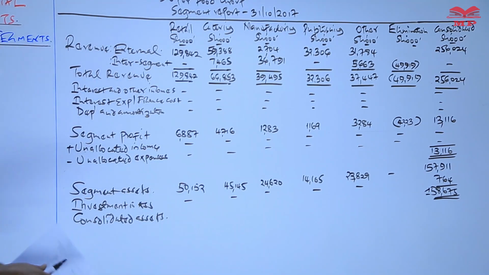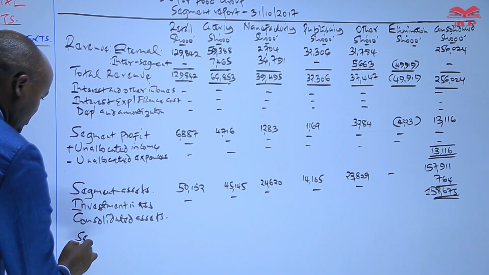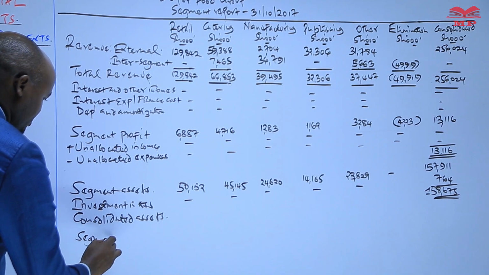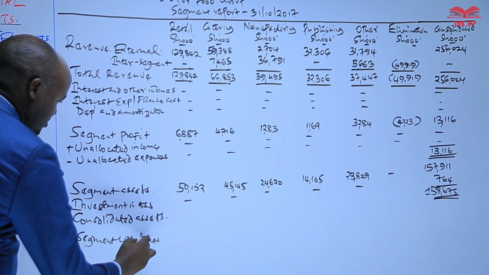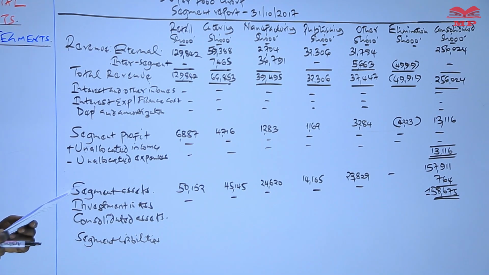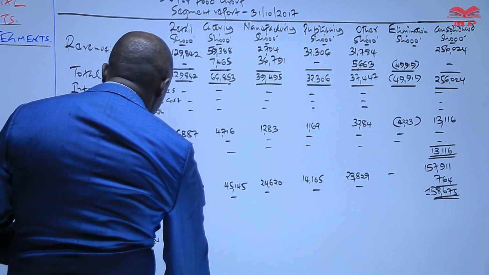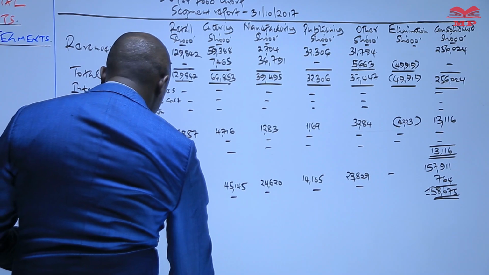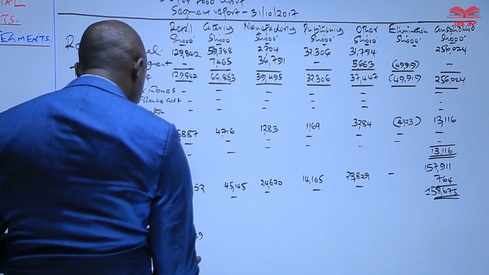Finally, we record information about the segment liabilities. So let's record the segment liabilities. We are given that information in the additional information number 2, part C. So the liabilities of the first segment is given as 14,839.